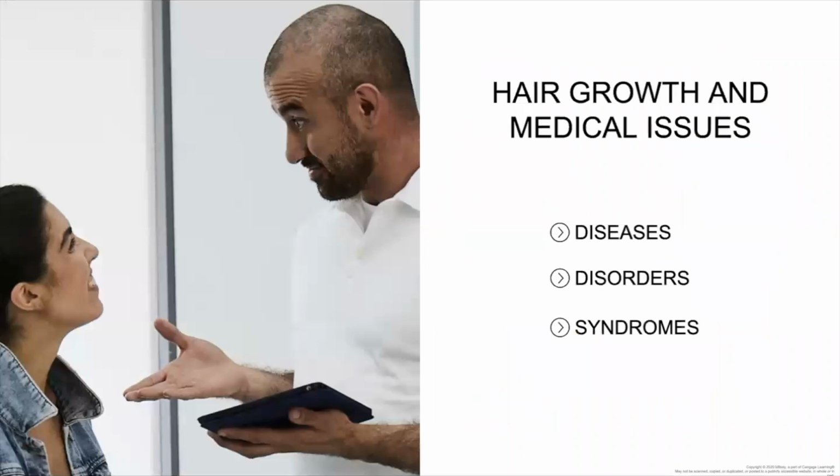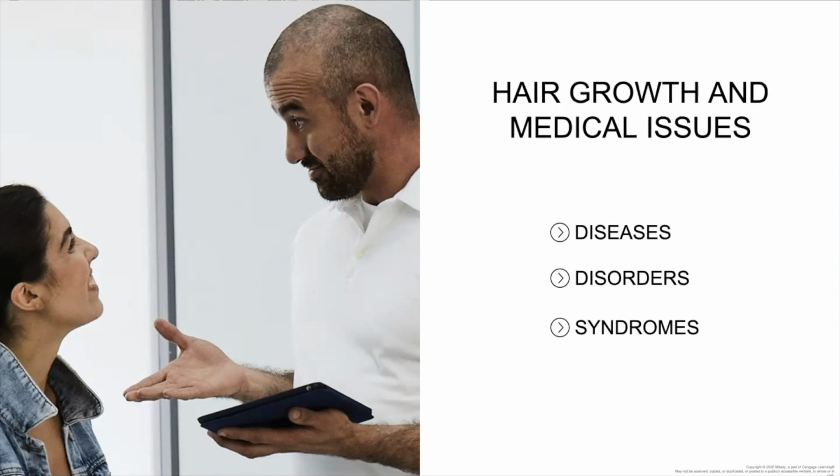Which brings me to the next slide: hair growth and medical issues. So diseases, disorders, and syndromes. Diseases are pathological. They're like conditions caused by viruses and bacteria with a series of signs and symptoms. Diseases affecting hair growth are acromegaly and Cushing's syndrome.